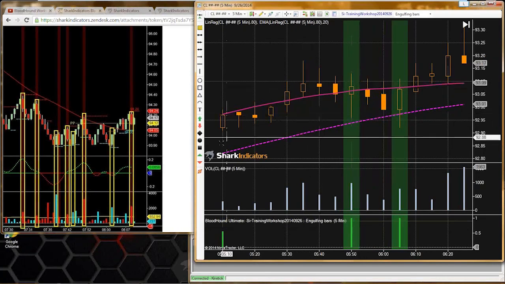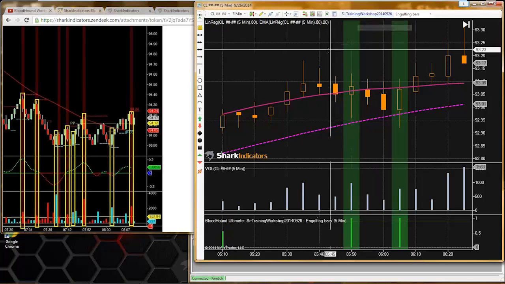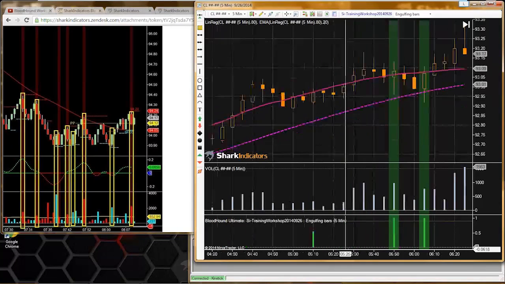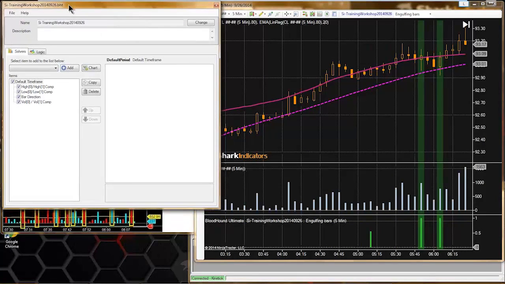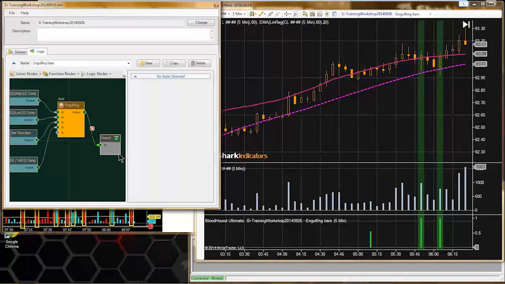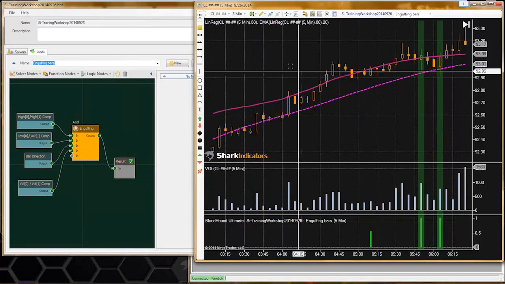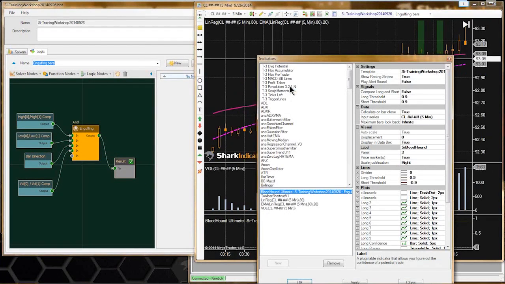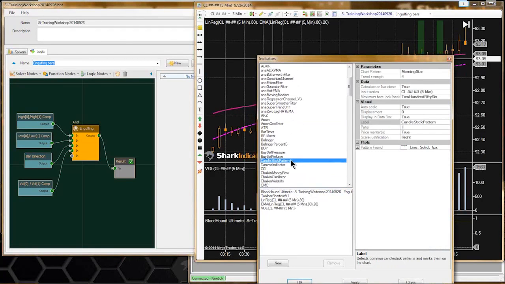Alright, so that's one way to do this. There's another easier way to look for engulfing situations. So let's take a look at that. Let's put the indicator on the chart first. NinjaTrader has a candlestick pattern indicator.